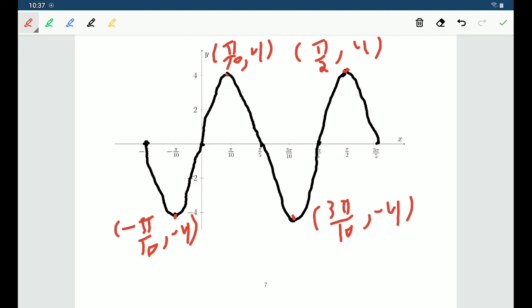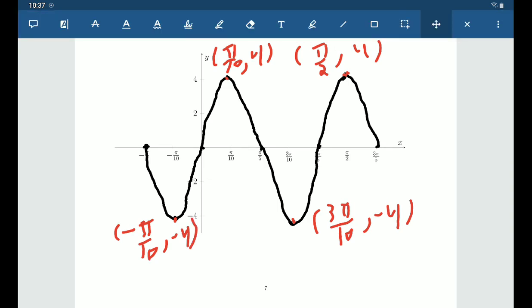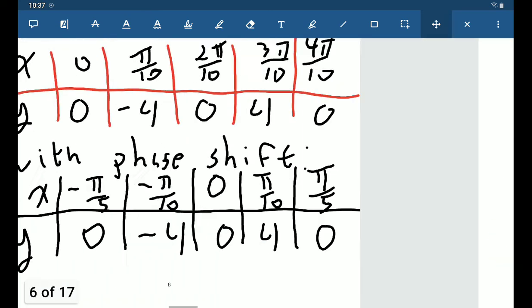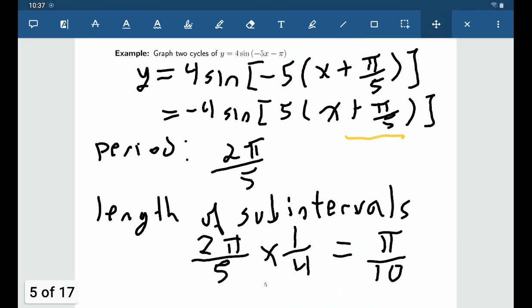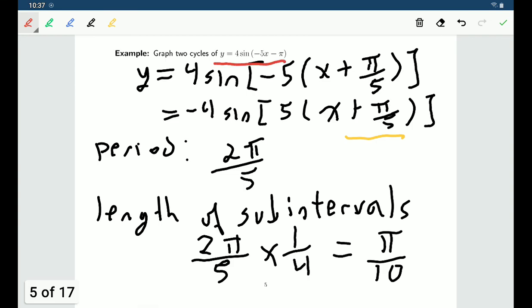The last thing I should be doing for this would be to label my graph, and I'll label it with the original equation being y equals 4 sine of negative 5x minus pi. So that's what I'll label my graph with.